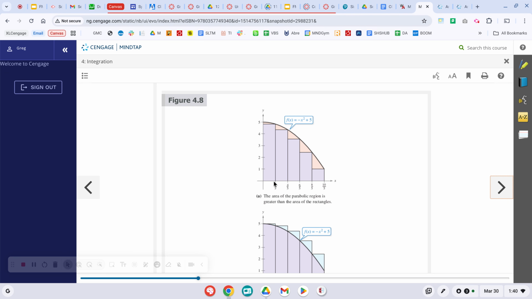2/5 becomes our x. This right here is our f of x. Okay? And this is our delta x.